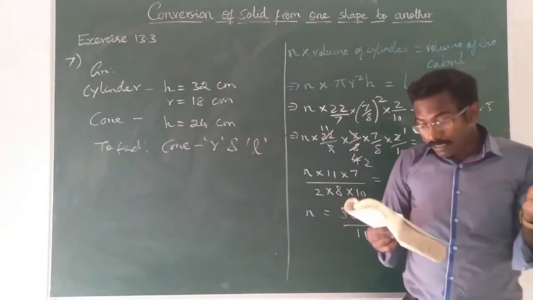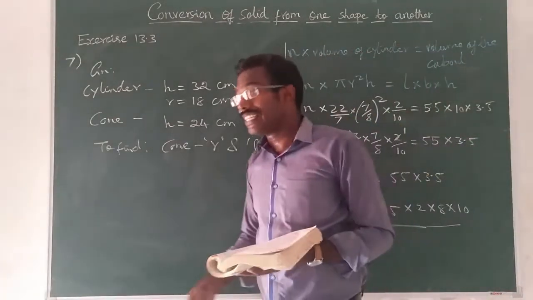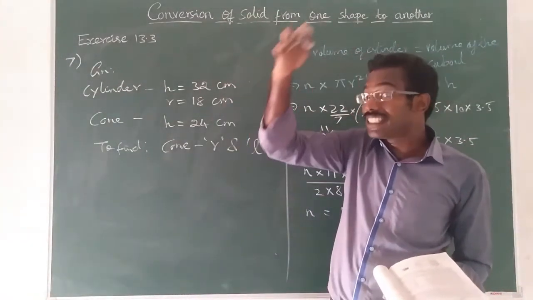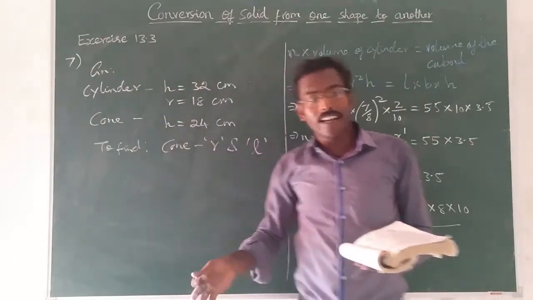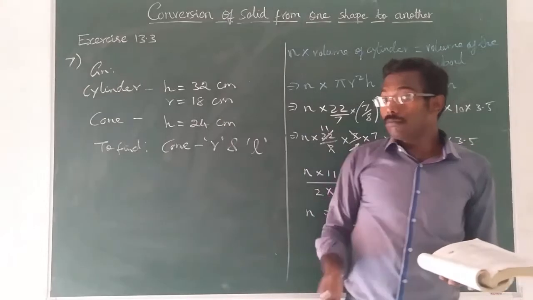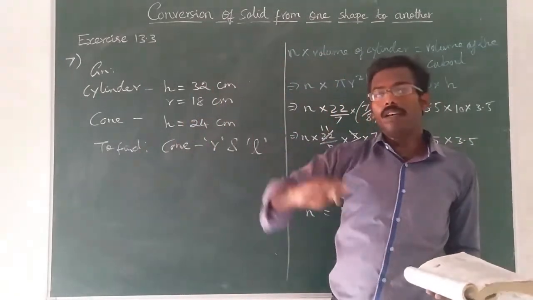See, the cylinder is converted into a cone, or in other words, the sand which is present in the cylinder is converted into conical shape. So we can write both have the same volume. So volume of cylinder is equal to volume of cone.